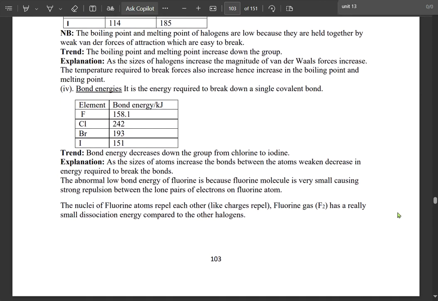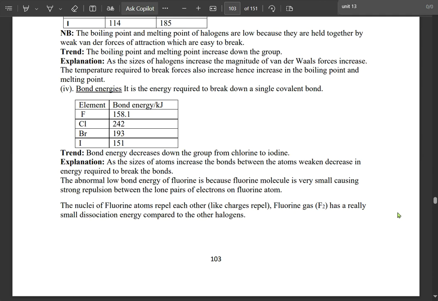So here is why fluorine is not compared with all these ones. The abnormally low bond energy of fluorine is because the fluorine molecule is very small, causing strong repulsion between the lone pairs of electrons on the fluorine atoms.